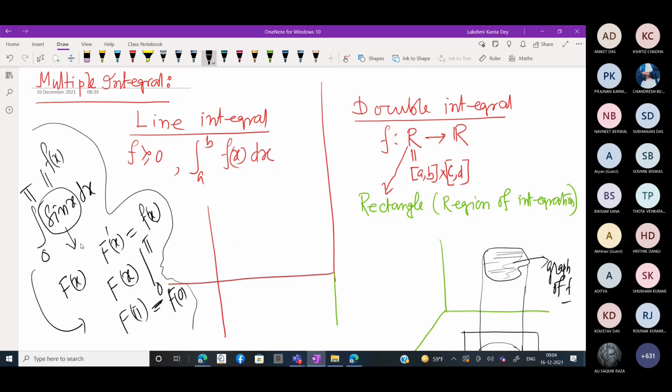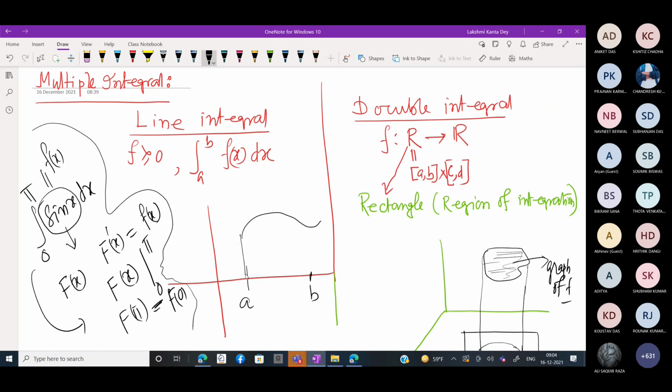Initially, for that purpose, we take the function to be non-negative so that the graph of the function lies above the x-axis. Something like, say, this is the region of integration. This is initially a closed and bounded interval [a, b], and the graph looks like this because we take the function to be non-negative.